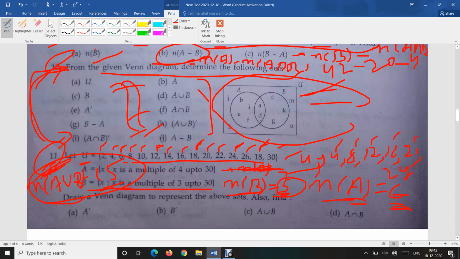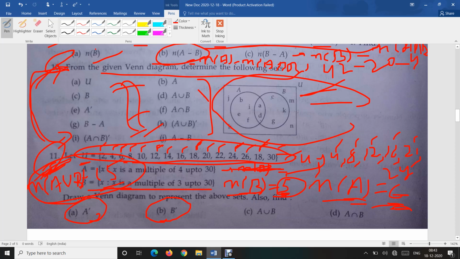Now you can find A dash. Okay, how will you find A dash? You have to just subtract the elements of A from the universal set, and by this you will find the number of elements in A dash.